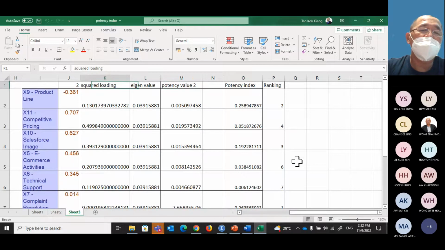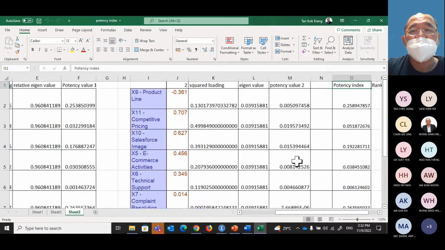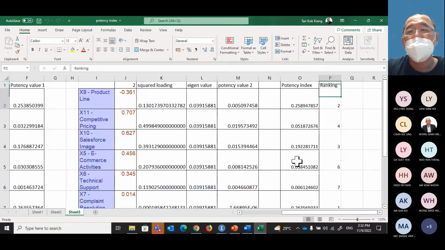But if you have only two groups, most probably you have only one function, cannot be more. Therefore there is only one potency value, and your potency value will be your potency index already. Here we have three functions, you take two, therefore you must do some calculation to get the potency index.